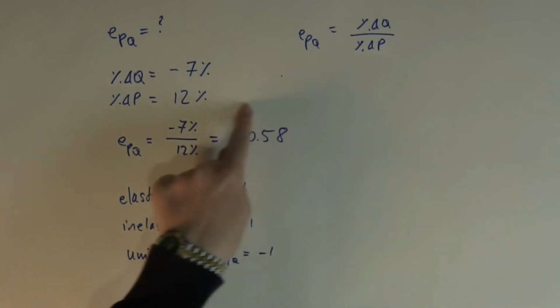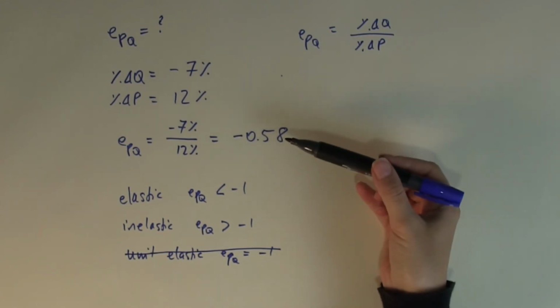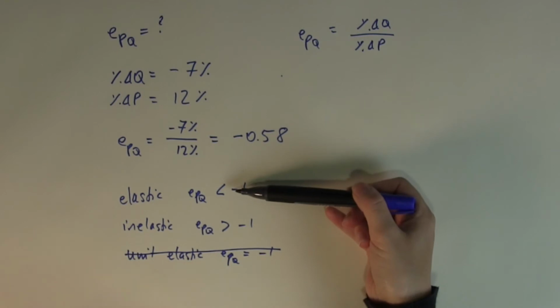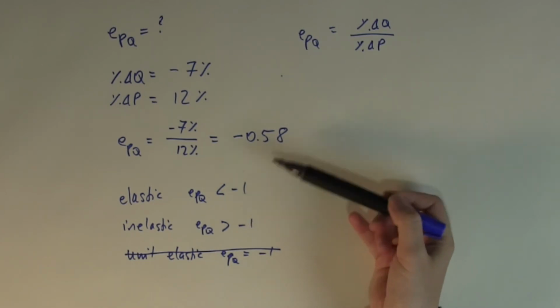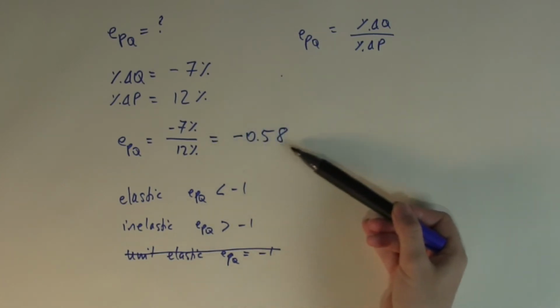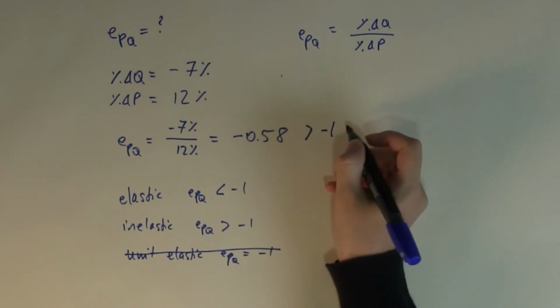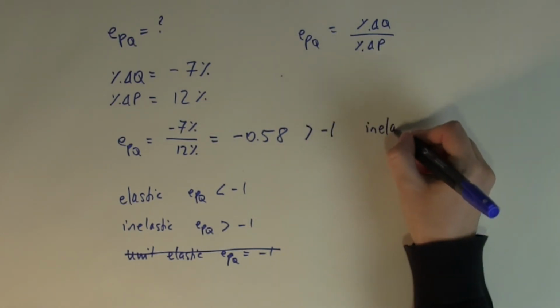Now, looking at our answer, we can say straight away that it's not unit elastic because it's not exactly -1. Now, the question is, is it smaller than -1 or is it bigger than -1? Well, this is closer to 0. So this is actually bigger than -1. So what we have here is an inelastic product.